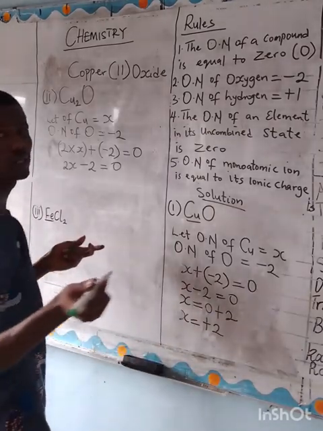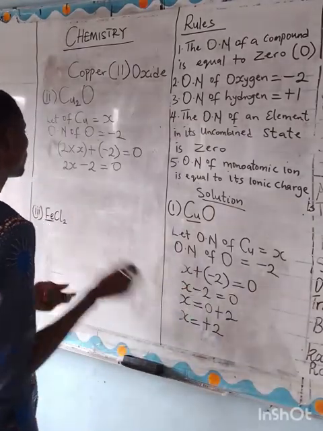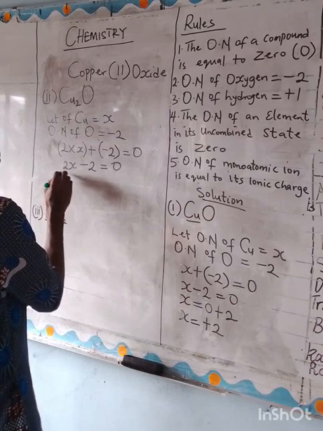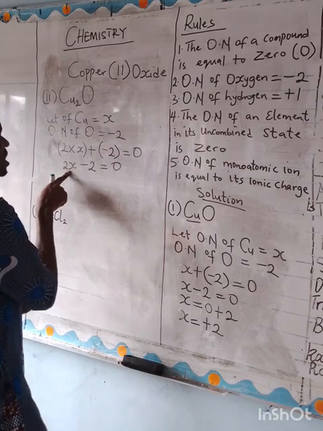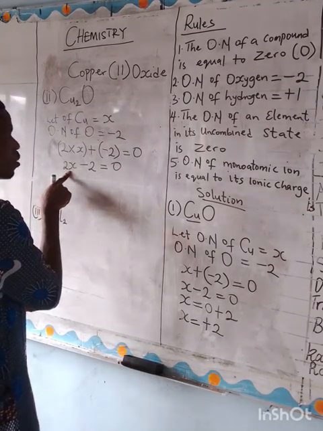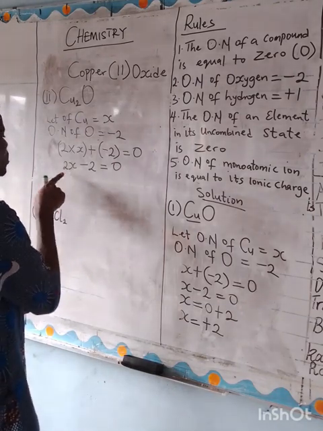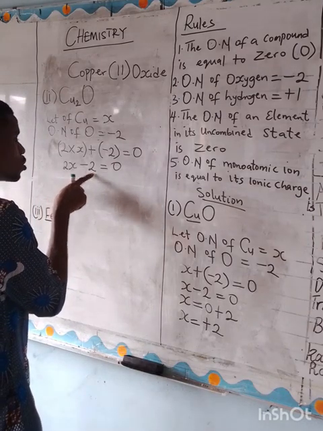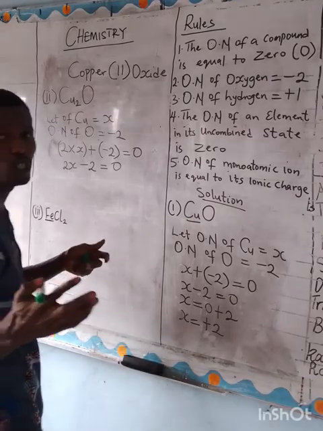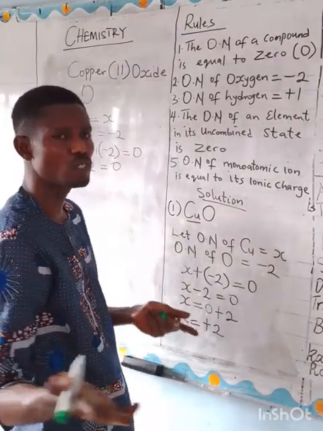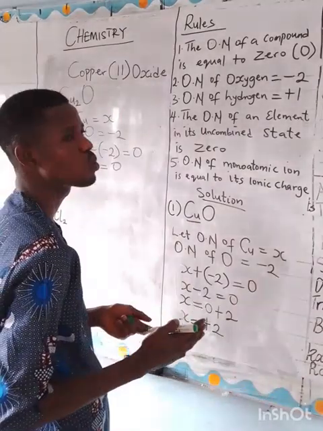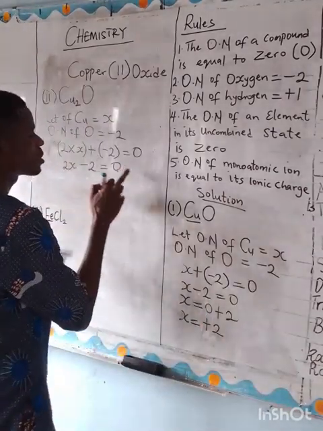So let's further continue. This is an algebraic expression. This is 2x and this is minus 2. There's no way you can combine them together. So what you need to do is take the number to where numbers are.